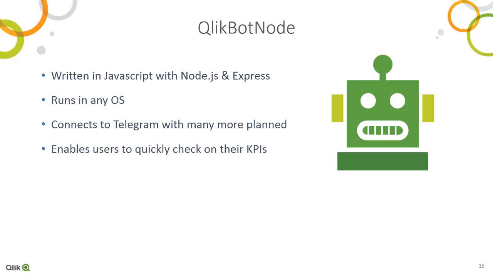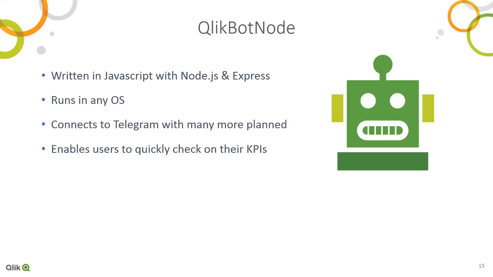Thank you. Hello, everyone. I'm Yanni Ververis. I'm a senior developer in the Qlik demo team. I wrote this a couple of months ago, and it's an ongoing project, so every help is welcome. It's written all in Node.js and Express, and the good thing about that is that you can install it on every OS, Macintosh, Linux, Windows, whatever you want.